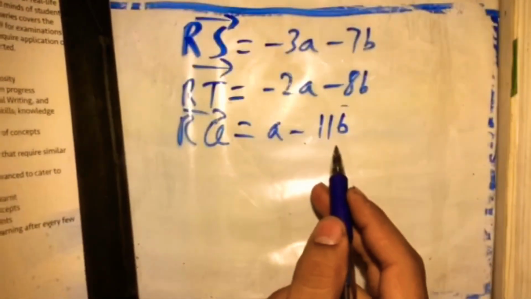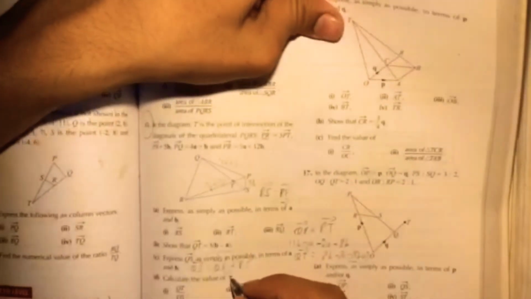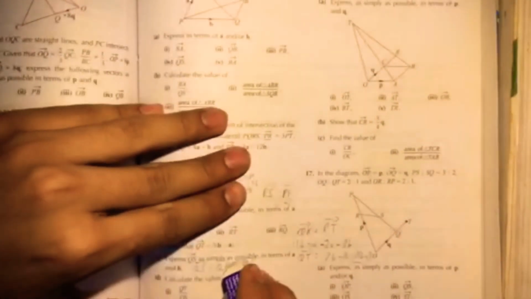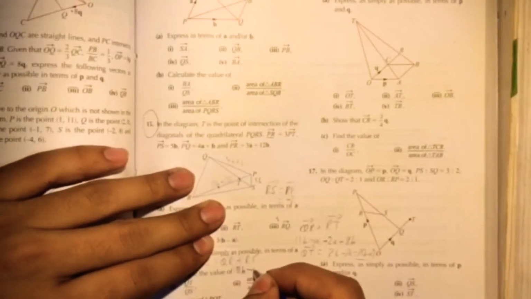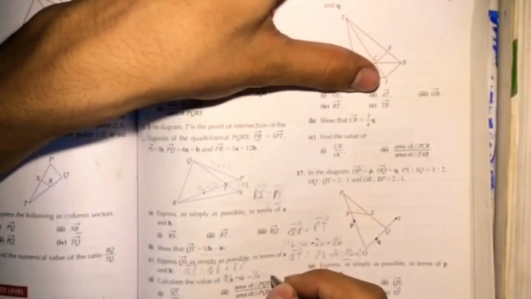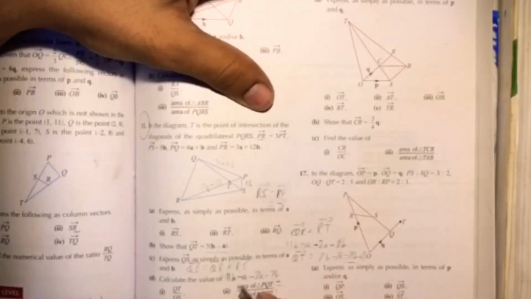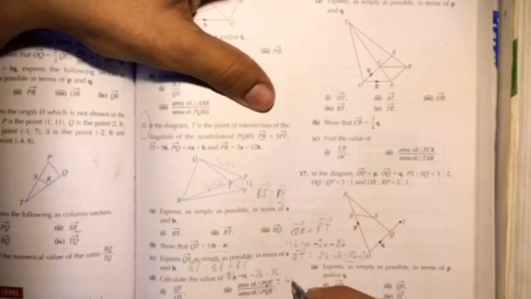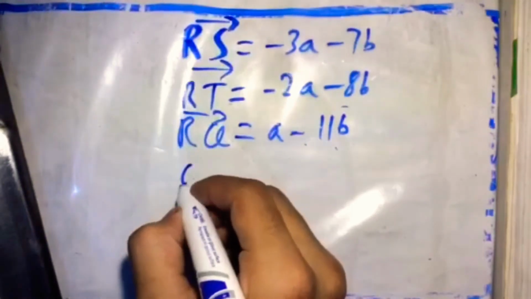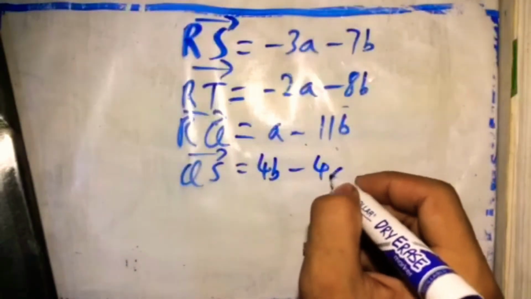RQ is A minus 11B, so QR is 11B minus A. And RS is minus 3A minus 7B. So QS is equal to 4B minus 4A.